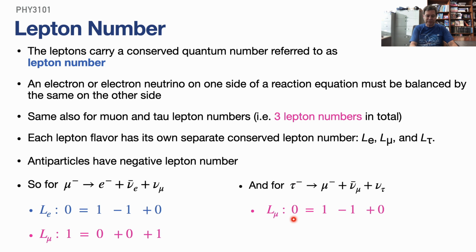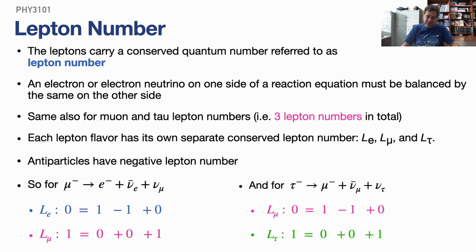It's not a muon type, so it has muon number 0. The muon has muon lepton number 1. The antineutrino has the muon flavor, so it has the opposite muon lepton number, minus 1. And the tau type neutrino is not a muon type, so it has muon lepton number 0. And indeed, 0 on the left side equals 1 minus 1 on the right side. So muon lepton number is conserved.